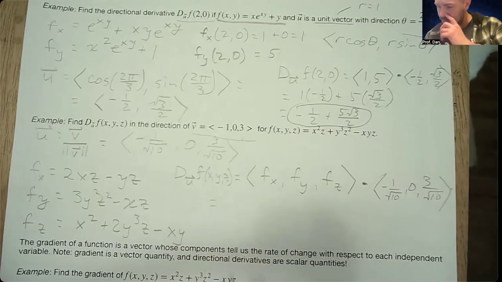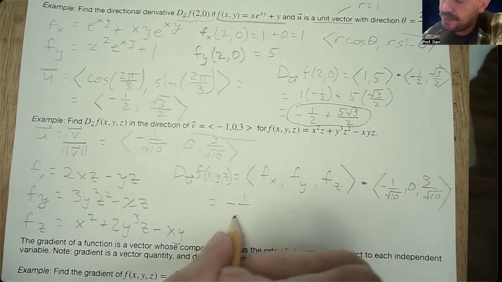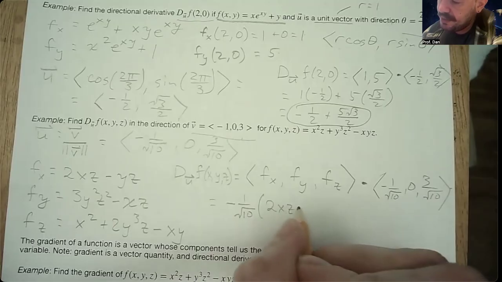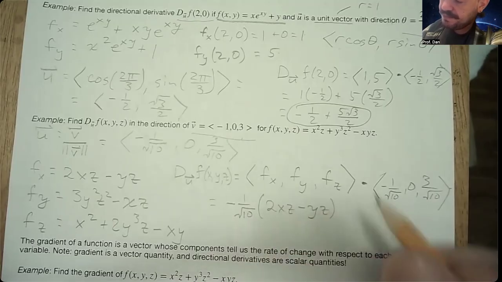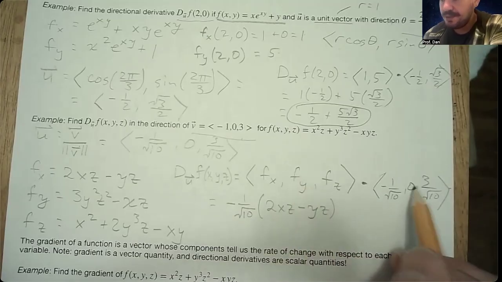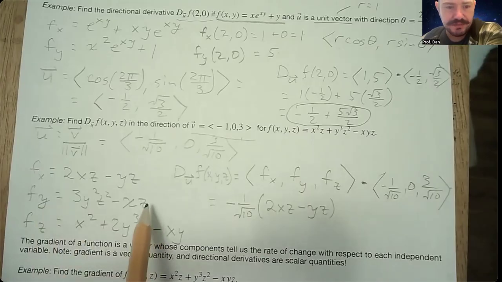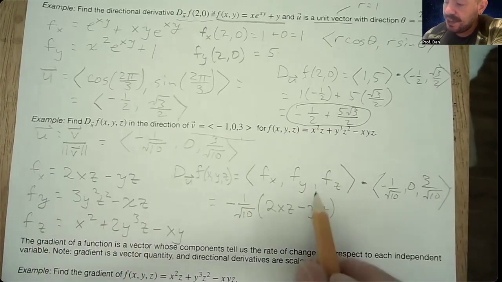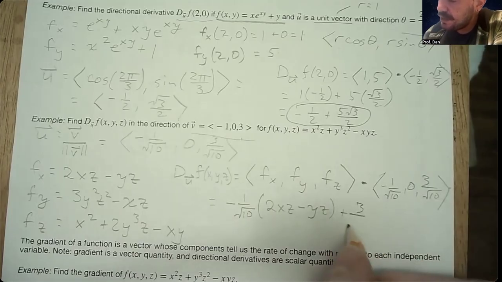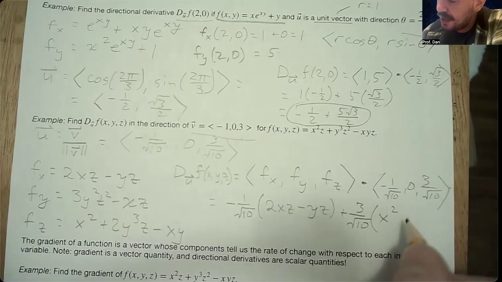So for the first term, we'll get negative 1 over root 10 times 2xz minus yz. For the second term, we get fy multiplied by 0, which would just be 0, so we don't actually need that at all. And for the last term, fz times 3 over square root 10, so plus 3 over square root 10 times fz.